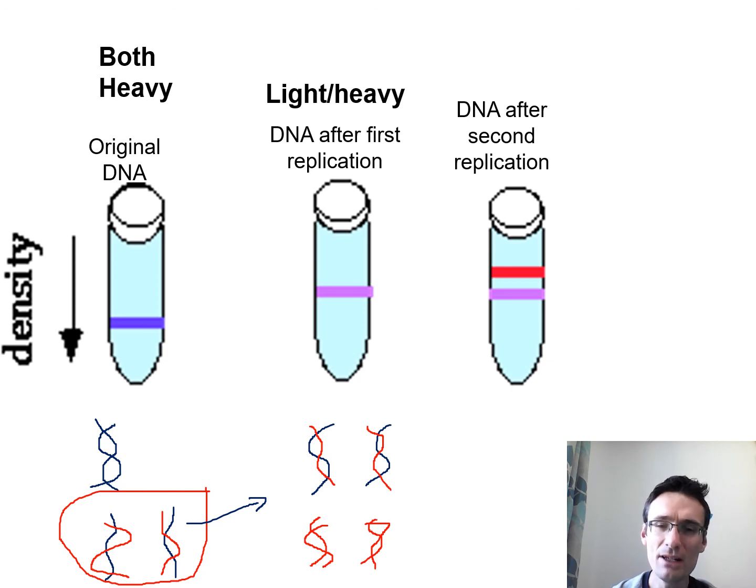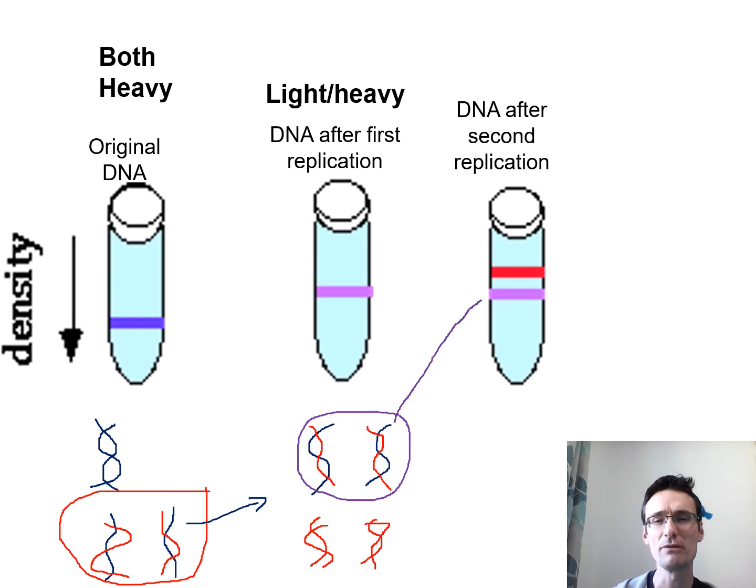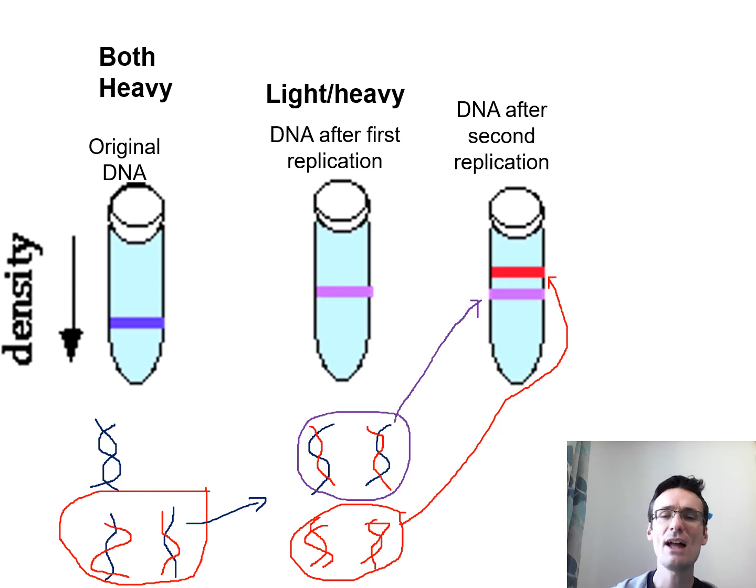So what does this mean? Well, the purple result here is these two, where you've still got a strand that has the original N15 that's being semi-conserved, but it's always attached now to a new strand. And then you've got this red line, which is two new lots of DNA made out of new strands of N14. Basically that original blue N15 never goes anywhere, but it's going to get diluted each time.